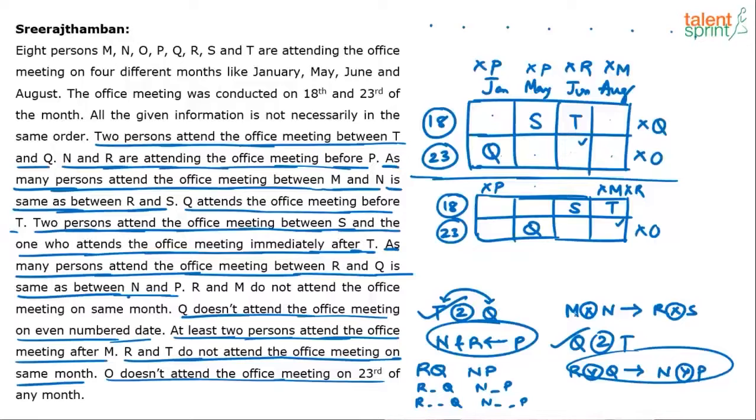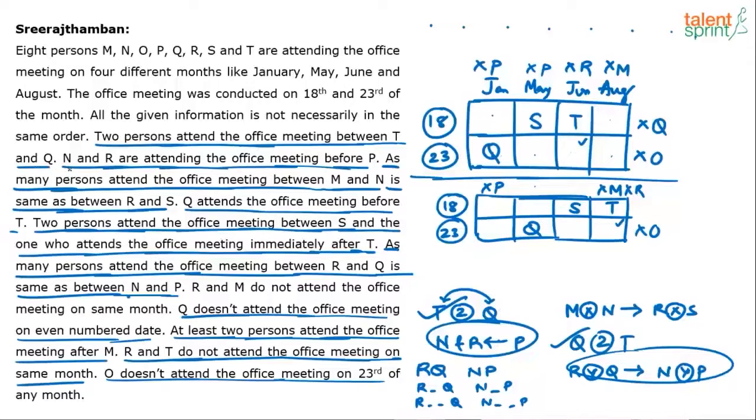Is this point useful? M and N, the number of people between M and N should be equal to the number of people between R and S. Did we miss any point? 2 persons in the office meeting between T and Q, that's done.